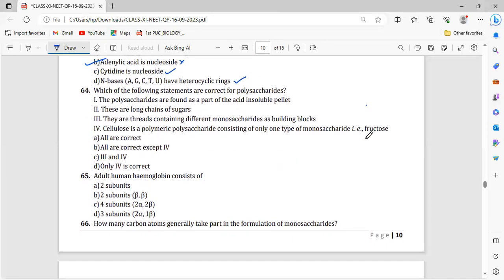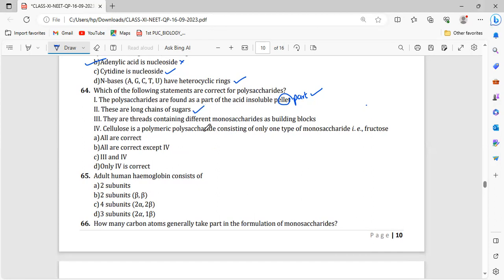Okay, next question, 64. Which of the following statements are correct for polysaccharides? We'll see one by one. Polysaccharides are found as part of the acid insoluble pellet. Yes, this is correct. These are long chains of sugar, so they are polymers of sugars.